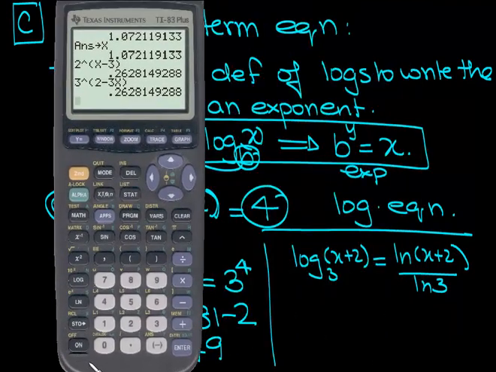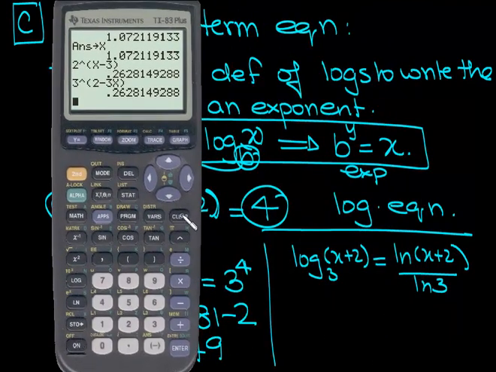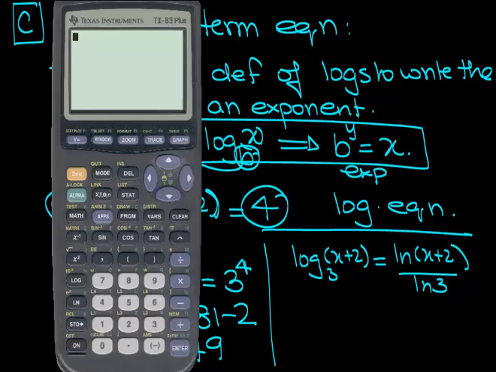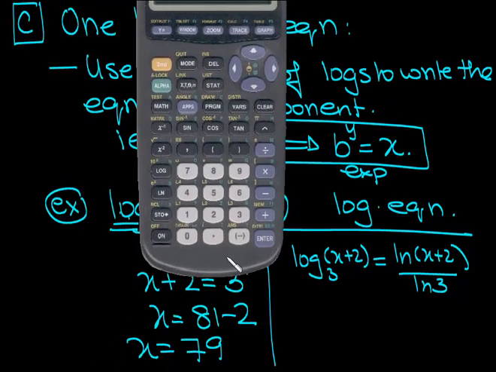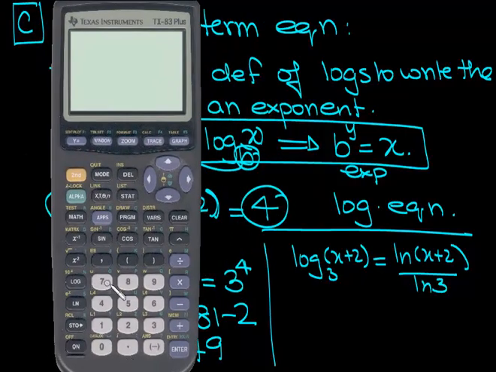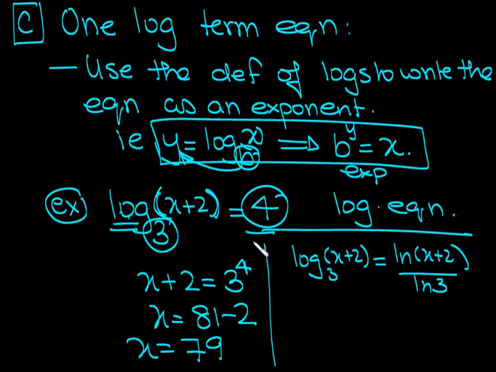I'm not going to check all the problems, but I'll check some of them just to get you the idea. I have to store this, 79. So you take 79, store x, and then we take ln of x plus 2, close parentheses, divide that by ln of 3. You should get 4, which is what we had, so we're good.